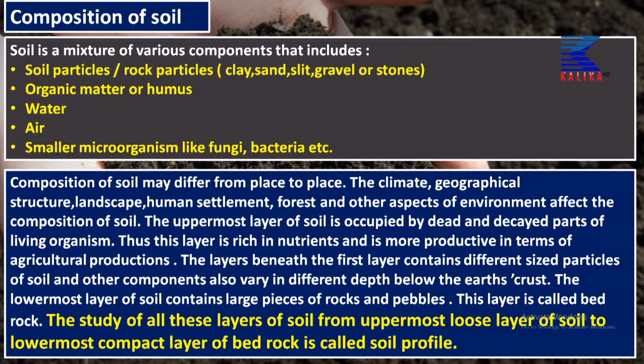The layers beneath the first layer contain different sized particles of soil, and other components also vary in different depths below the earth's crust. The lowermost layer of soil contains large pieces of rocks and pebbles. This layer is called bedrock. The study of all these layers of soil, from the uppermost loose layer to the lowermost compact layer of bedrock, is called soil profile.